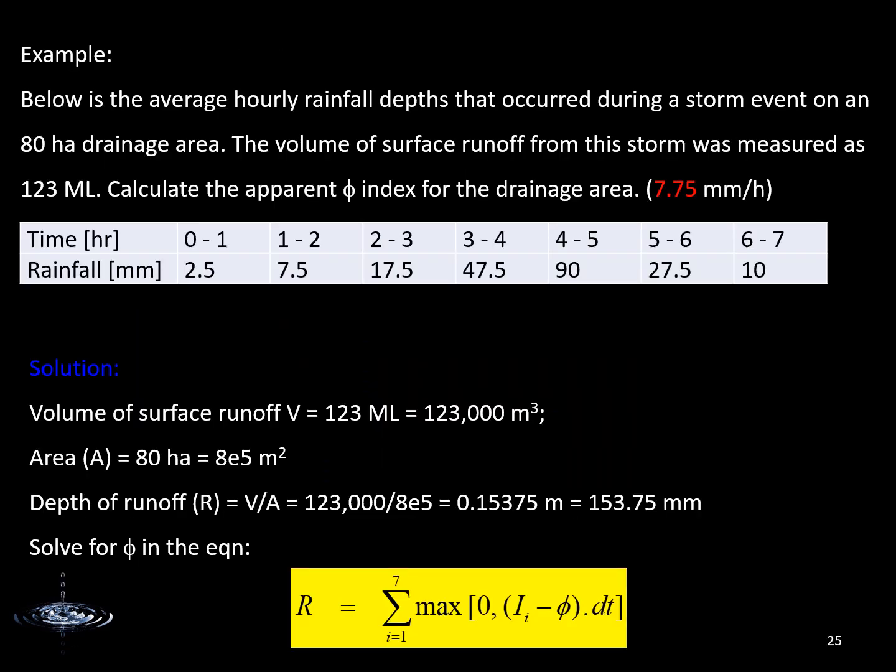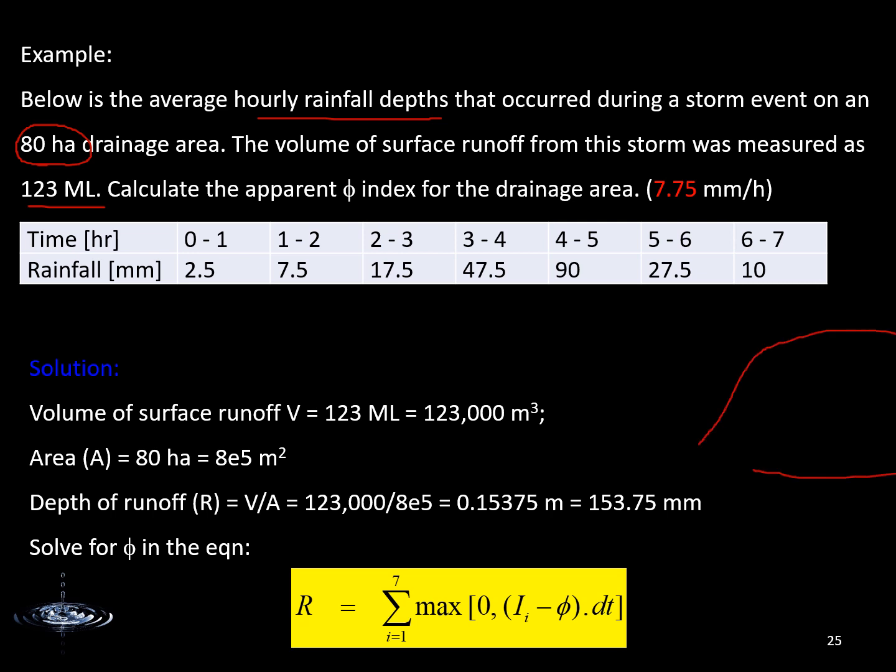Now let's see this as an example. Here is the hourly rainfall depth that occurred during a storm event on an 80 hectare area. So the catchment area is 80 hectare. The volume of surface runoff from this storm was measured at 123 million liter.